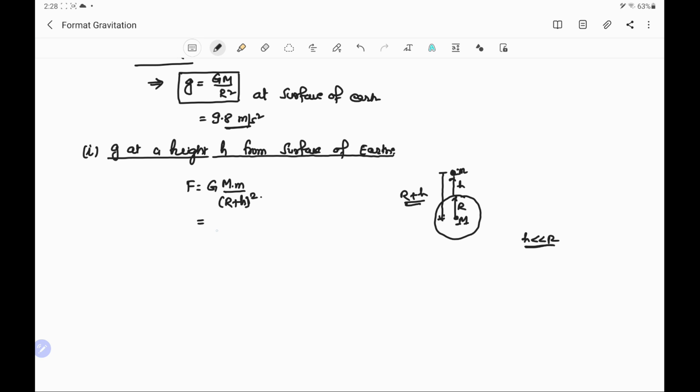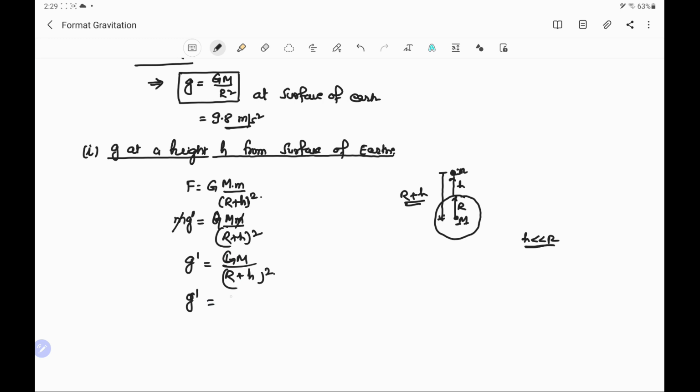It is equal to m g dash. Because g will be different, we use g dash for the acceleration due to gravity at a height. It will be G M m by (R plus h) whole square, and this small m will be cancelled. That means g dash will be equal to G M by (R plus h) whole square.